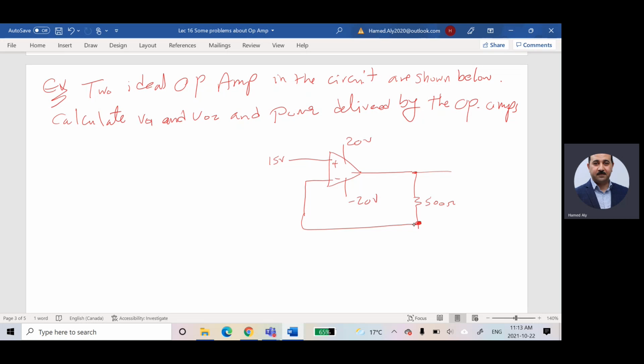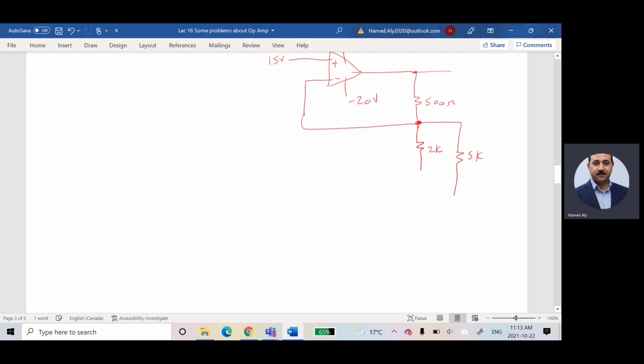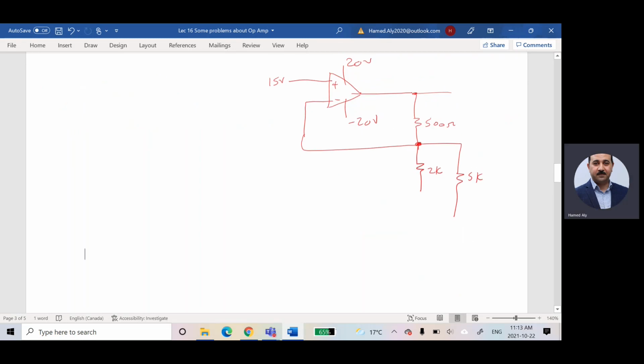This is a node. And then this guy is 2 kilo, and this guy is 5 kilo. And we have another operational amplifier here. This guy is positive, this guy is negative. This is 10 volts.